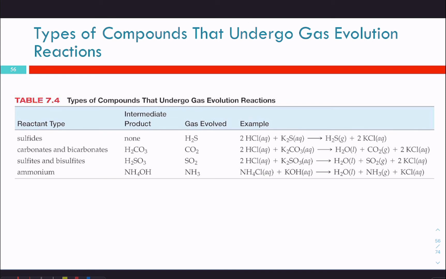The last one is ammonia, which is the gas that's evolved. This is ammonium chloride reacting with the base this time. You'll get ammonium hydroxide as your intermediate, which can decompose into water and ammonia gas. So those are just kind of memorize or dedicate a little spot on your cheat sheet to those.